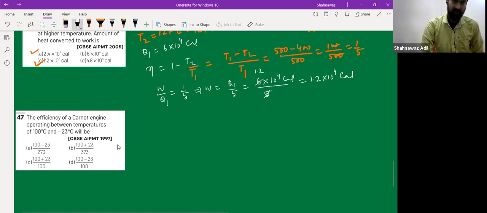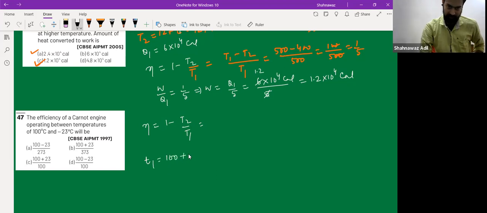The efficiency of a Carnot engine is 1 minus T2 by T1. T1 is 100 degrees C, so 373.